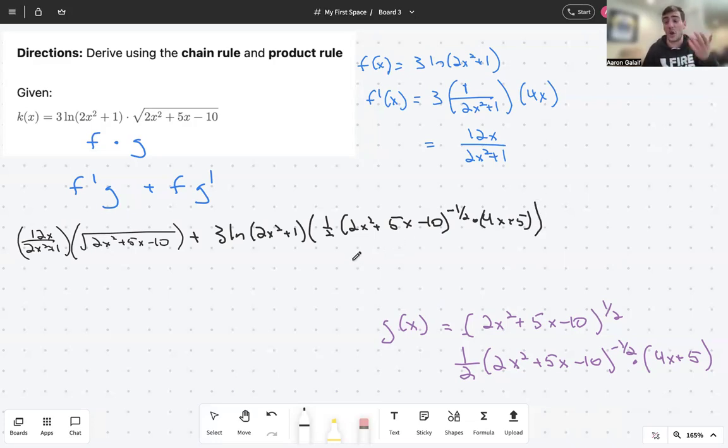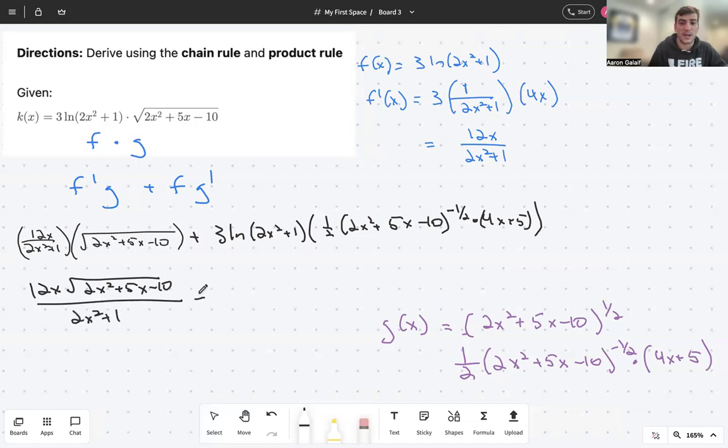We have done the hard part. We've done the deriving. So this first term is going to be 12x times the square root of (2x squared plus 5x minus 10) all over 2x squared plus 1. Then the negative exponent is going to go below.